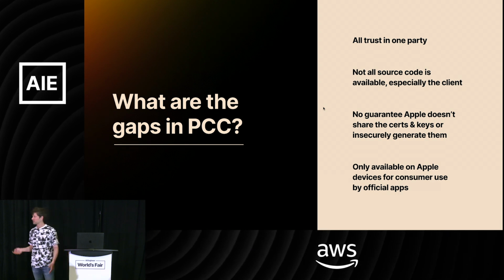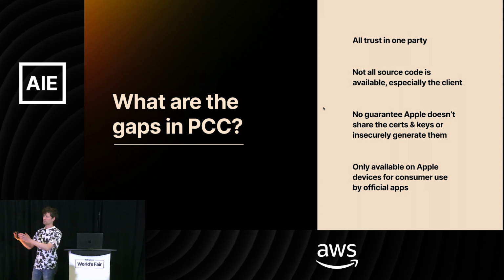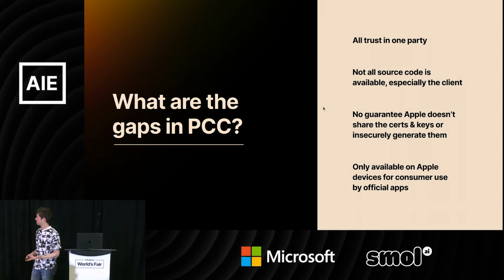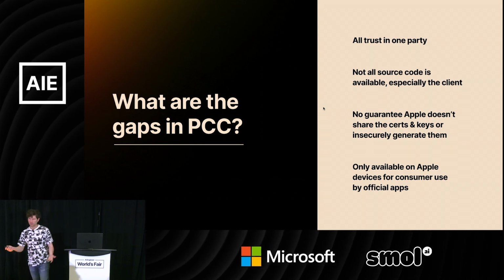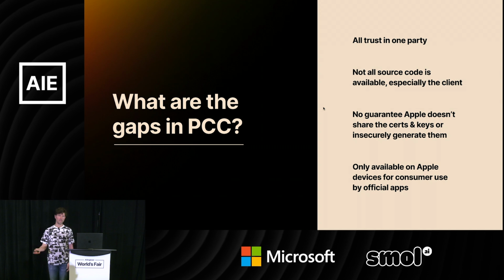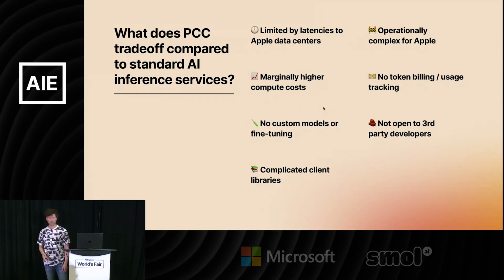Now, I think they are trying to do their best effort, but you still have to trust. You've shifted the trust now into Apple's behavior rather than the hardware. But anyhow. And then they're only available on Apple devices for consumer use on official apps. Maybe at some point they'll make PCC available to everyone else, but not yet.